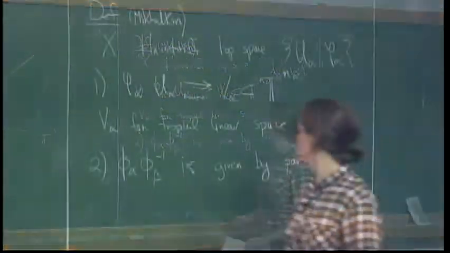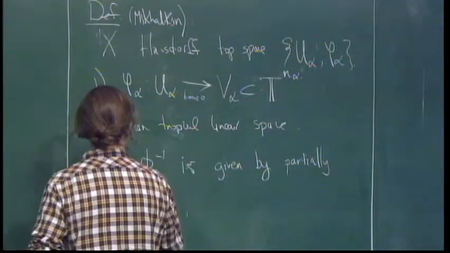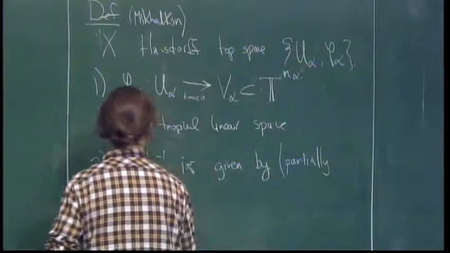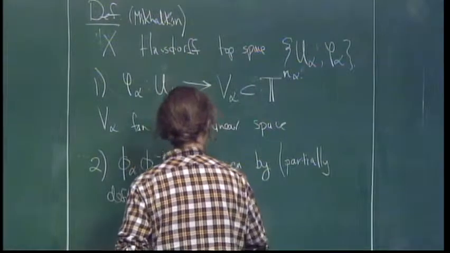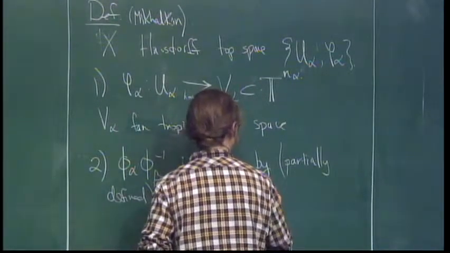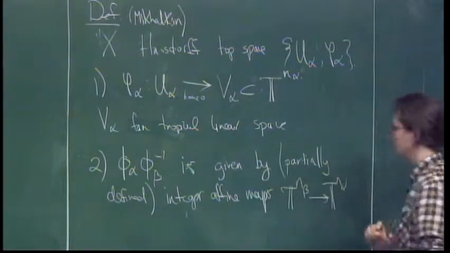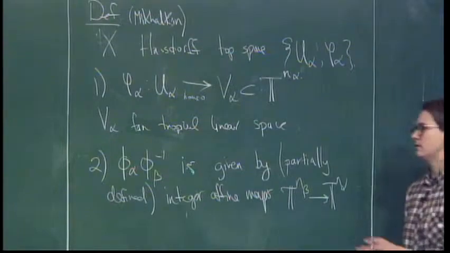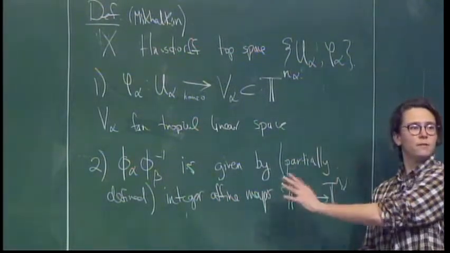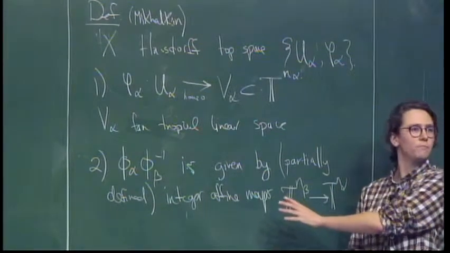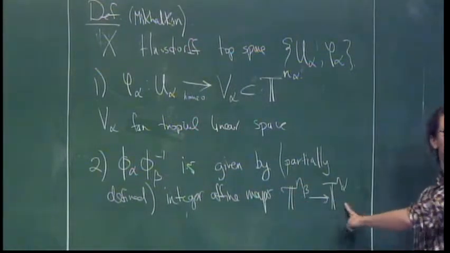So it's given by partially defined integer affine maps from T^n beta to T^n alpha. What do I mean by an integer affine map? Well, we know what an integer affine map from R^n to R^m is. And I just want to extend it continuously. But my points at minus infinity have to have somewhere to go. So they have to go to somewhere at minus infinity.